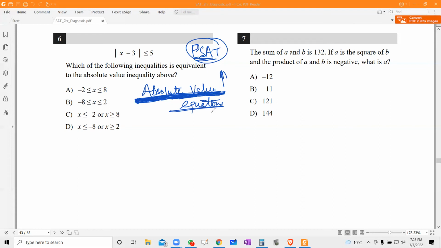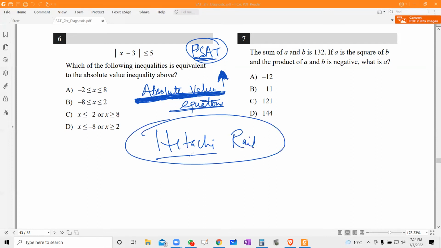But I have been selected in a company in Abu Dhabi, so I'll be coming there in a month. It's Hitachi Rail, a big company in Abu Dhabi. So that is the place where I'll be going.